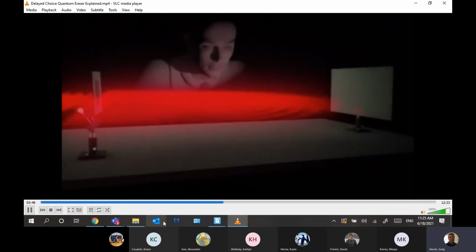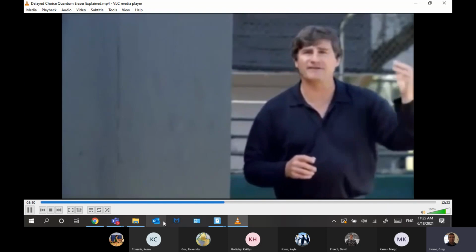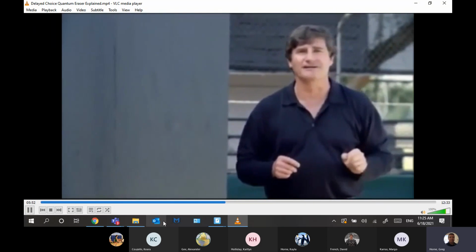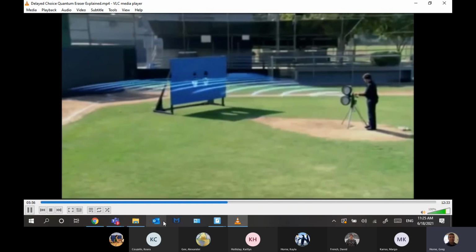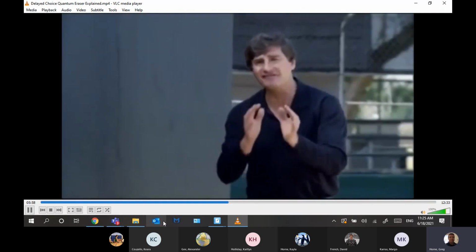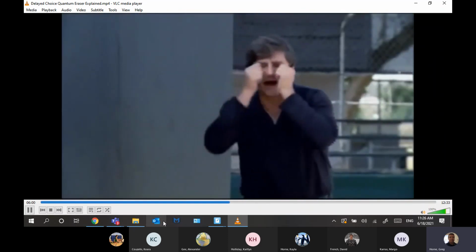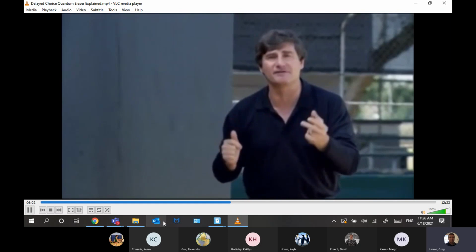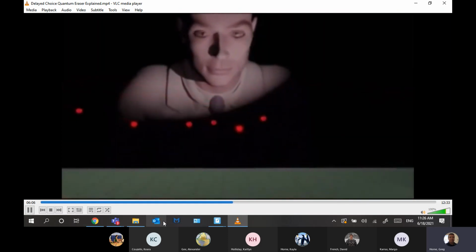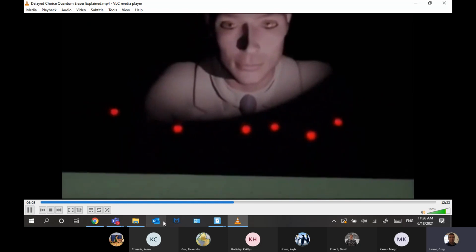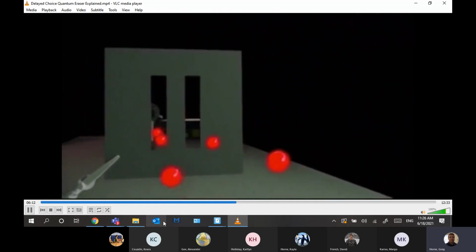It's as though I'm on a baseball field, and there's a baseball being pitched toward the barrier with the holes in it. But my eyes are closed, so it goes through, and it behaves like a wave. But then, at the last second before it hits the screen, I open my eyes and decide to observe it. At that moment, the electrons, in essence, become particles, and seemingly always were particles from the time they left the electron gun.